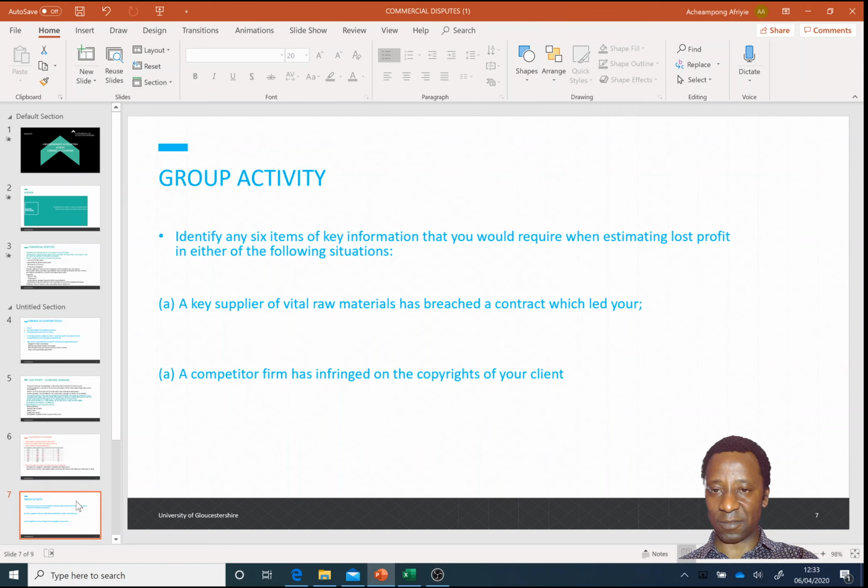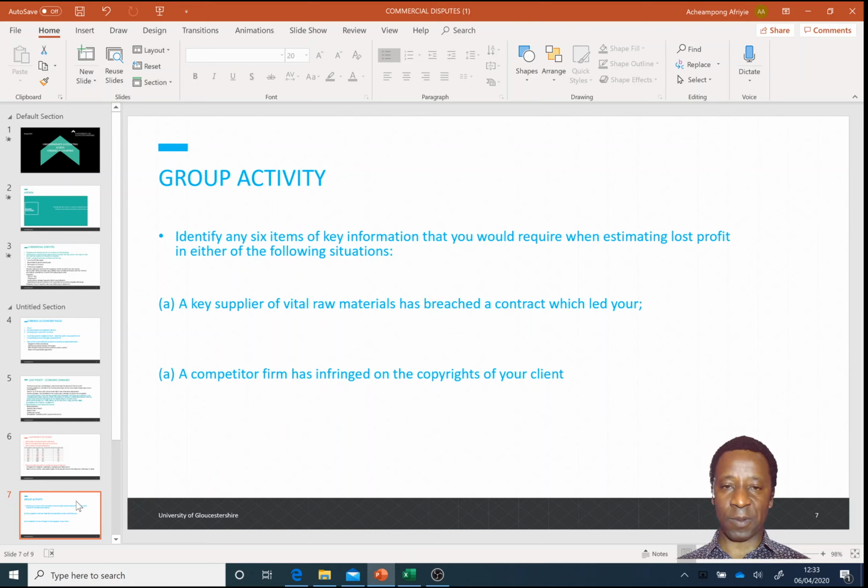I will leave you with this activity: think about any 6 items of key information that you would require if you were involved in a lost profit estimation. For example, a key supplier who has breached a contract. If a key supplier breached a contract and that led to lost profits, what kinds of information would you need?